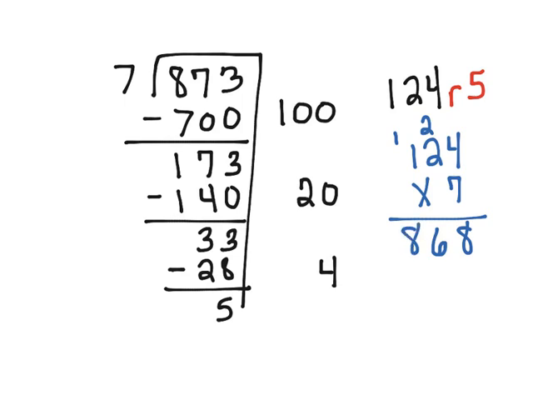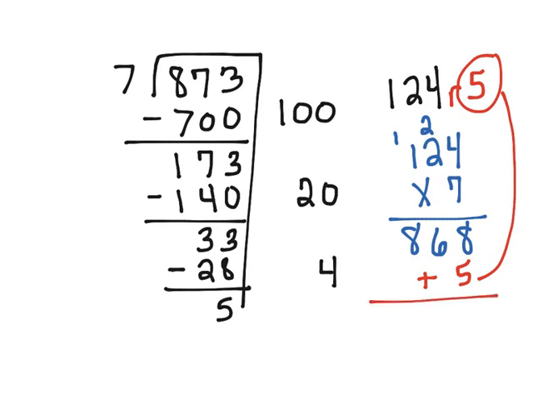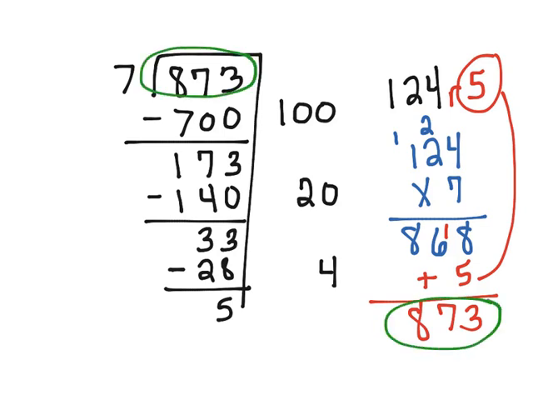Now I'm going to add my remainder of 5. I have to add that. 8 plus 5 is 13. Carry the 1. 6 plus 1 is 7. 8. So here I have 873. 873. I am correct.